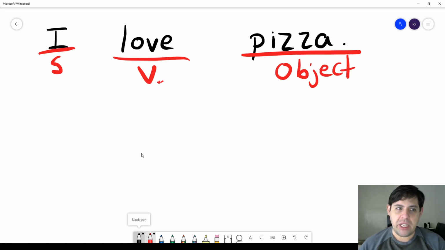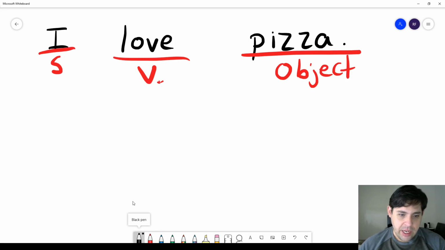So is pizza, if we look back at our chart, am I talking about me? You? Is it a boy? Is it a girl? What is pizza? Well, pizza goes in the category of a thing, right? And it's singular.